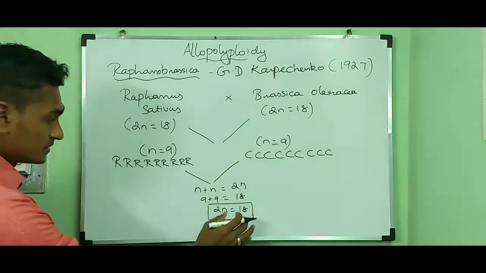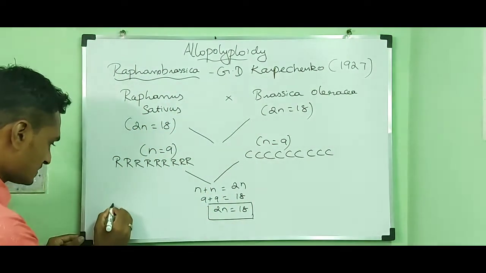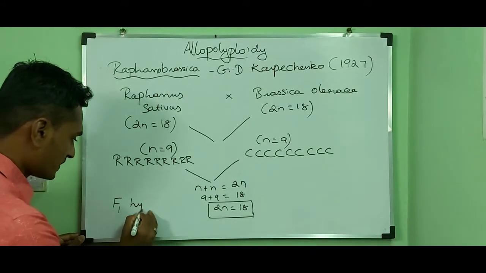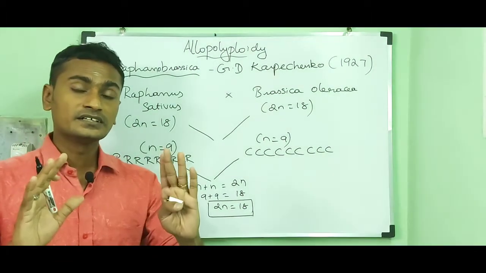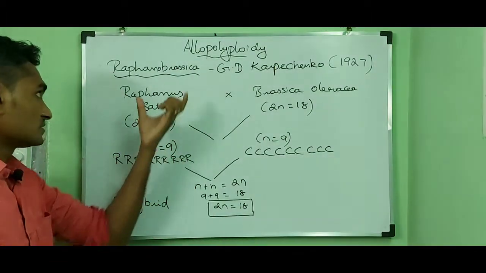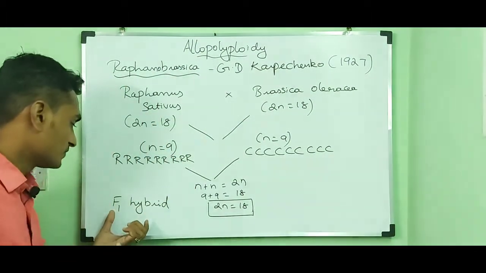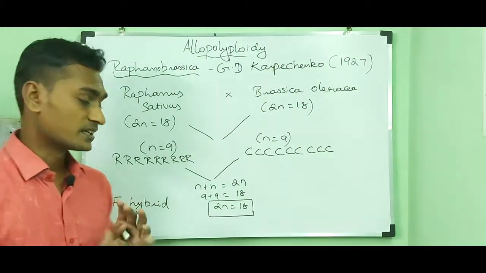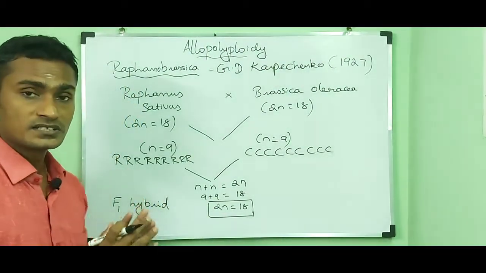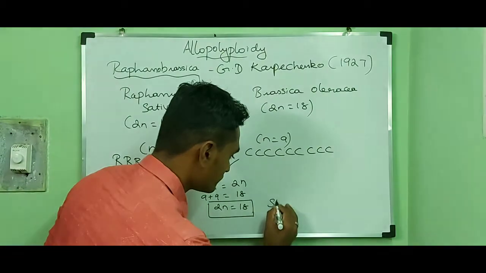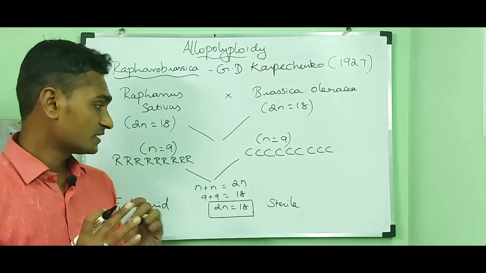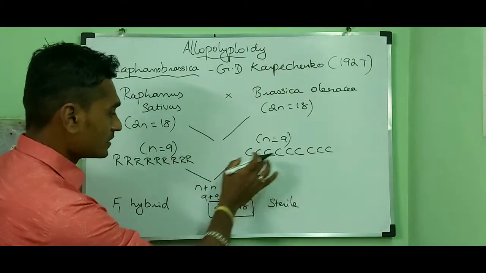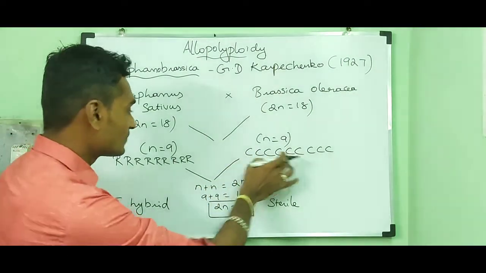This young one is considered the F1 hybrid. I already told you that in allopolyploidy, the F1 hybrid may be sterile. So this young one is sterile because it contains two different sets of chromosomes.